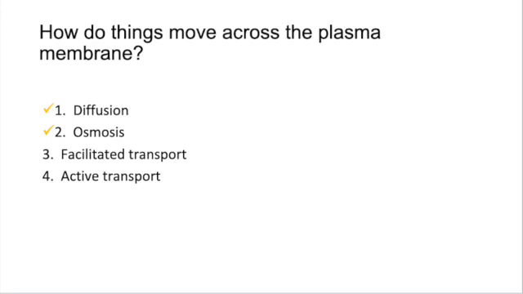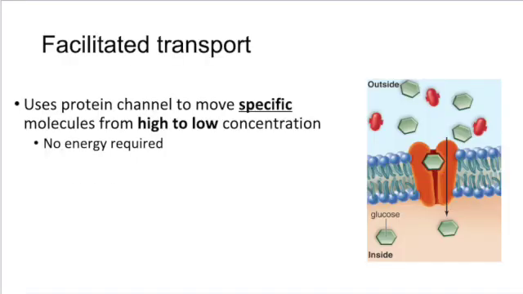So what exactly did we just go over? Facilitated transport, what exactly is that? It's basically when there's a protein channel that allows large molecules such as sugar or other molecules like drugs, proteins, enzymes that are important and relevant to enter the body.